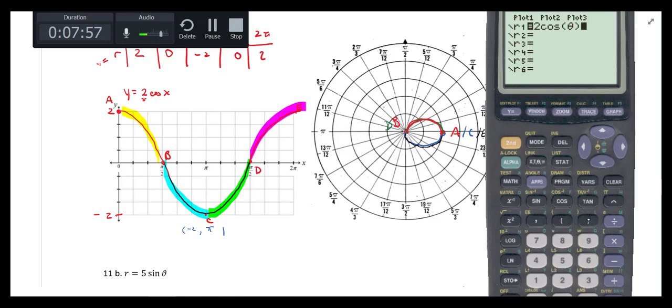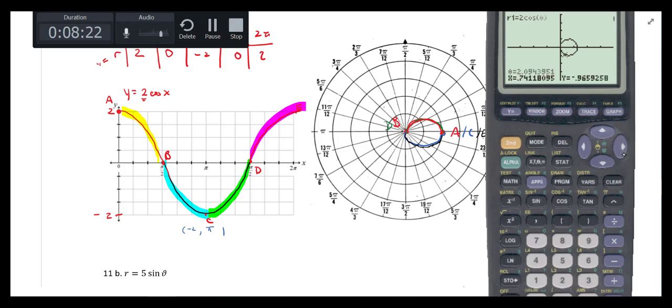Okay, so if I type this in 2 cos theta and I press graph, or I'll do zoom trig, notice that, oh yes, there it is. Boom. Okay, and if I can trace around here, look, my starting value when theta equals 0, the x is 2 and 0, so it gives you the rectangular coordinate. And notice as the angle increases, this is how it's actually drawing out the circle.